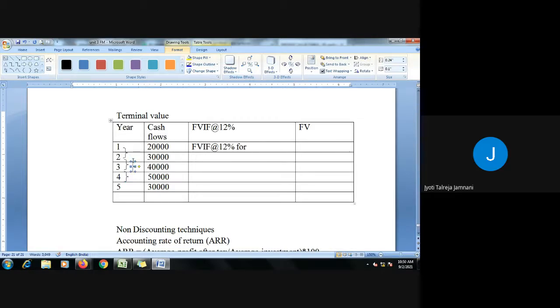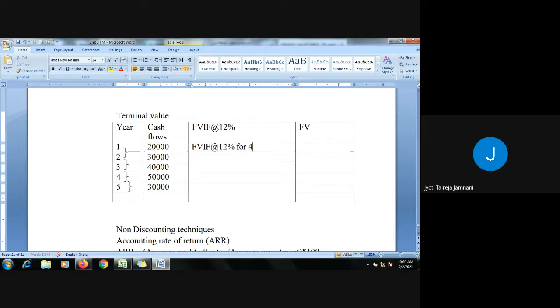So totally 4 years we are going in future. So we have to find the future value for 4 years. Okay. So I'll do here for 4 years. The table value that I got is 1.57.